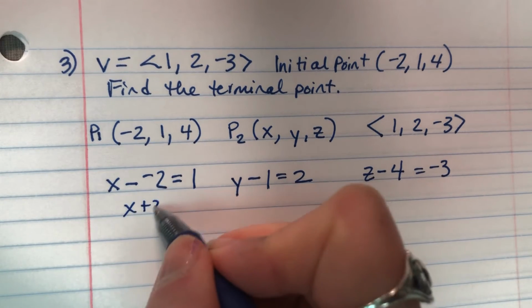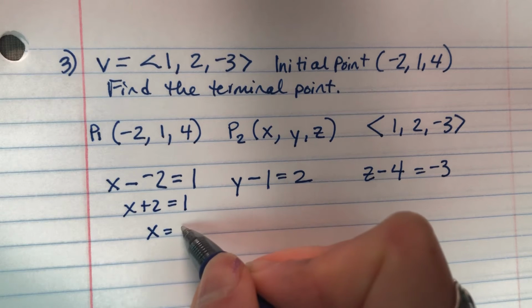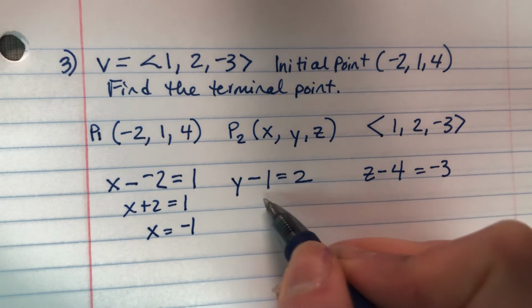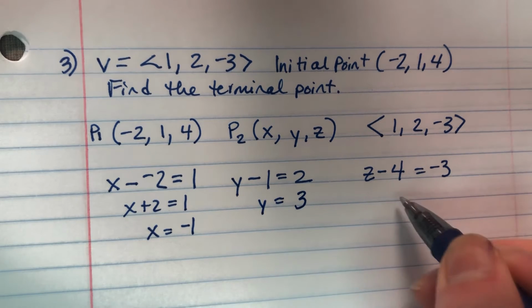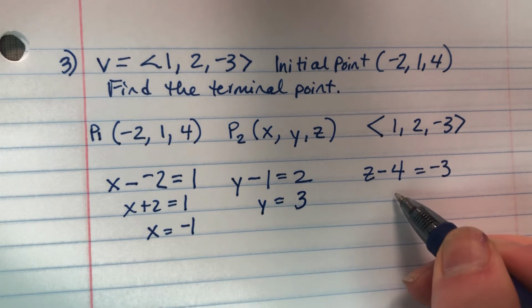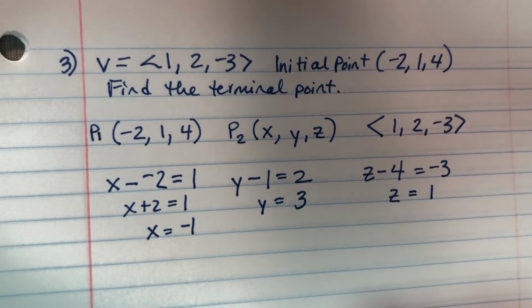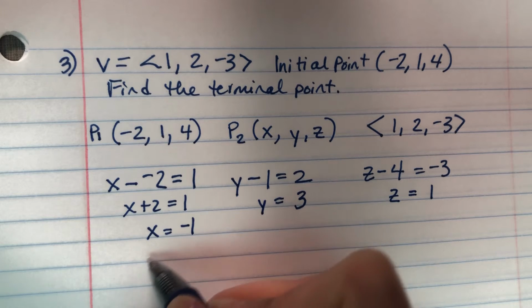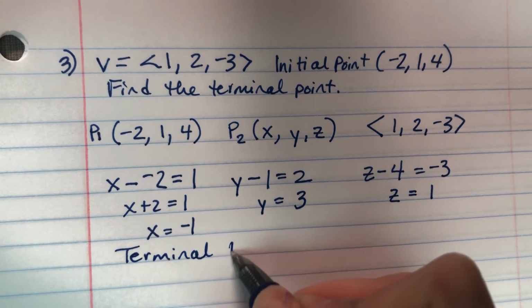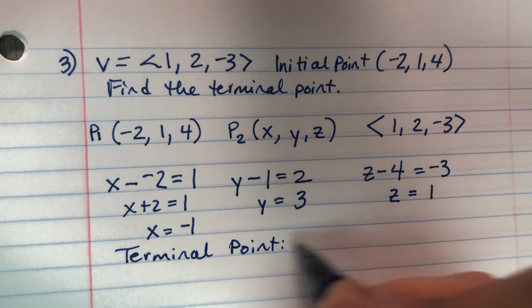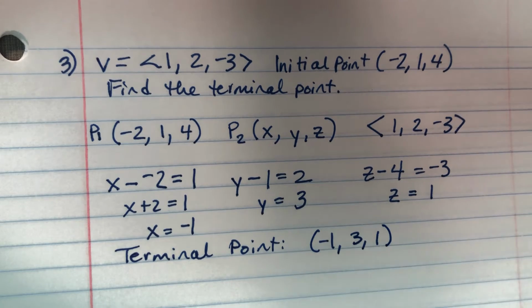So x plus 2 equals 1. I'm going to subtract 2 on both sides, so x would equal negative 1. Here I add 1 to both sides, so y is equal to 3. And here I add 4 to both sides, so z is equal to positive 1. So this gives me a terminal point of negative 1, 3, 1.